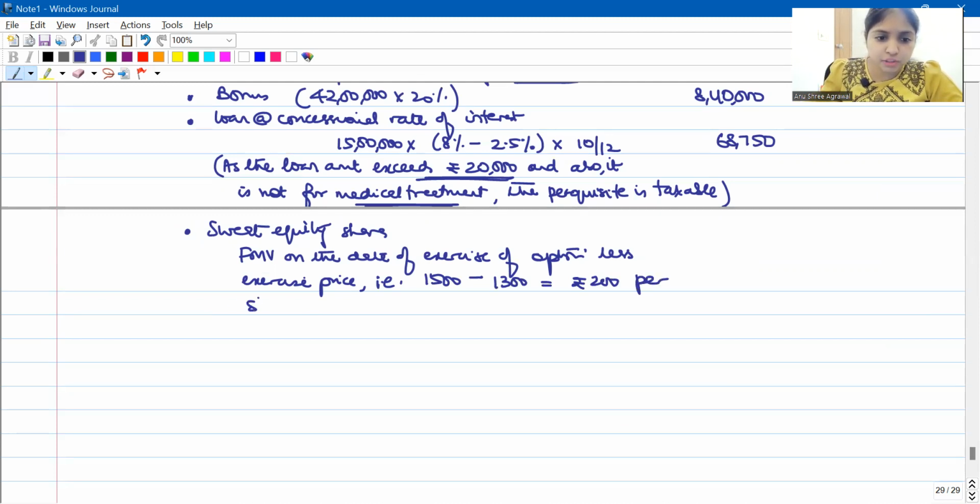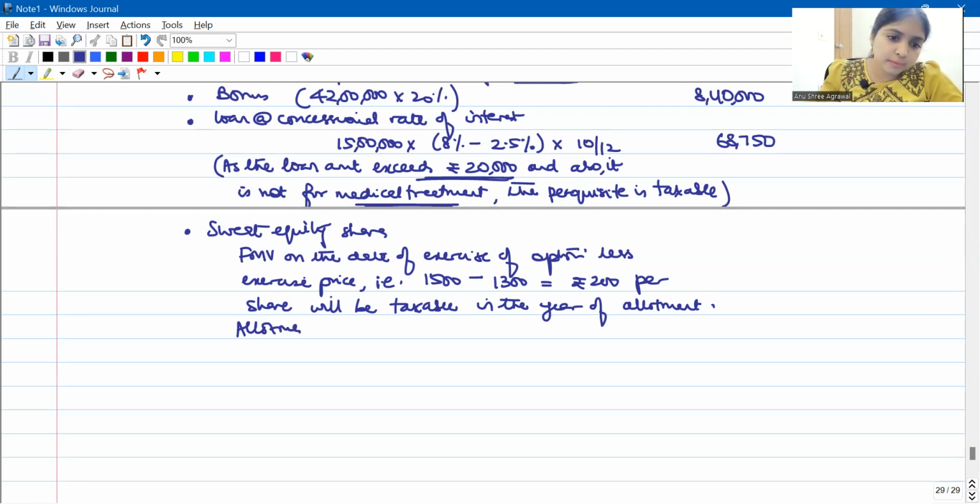200 per share will be taxable in the year of allotment. Allotment happened in May 2022.